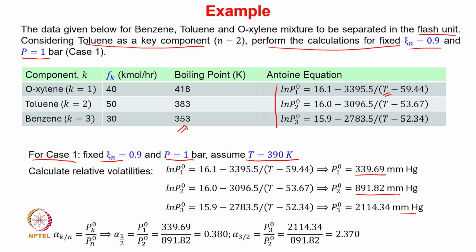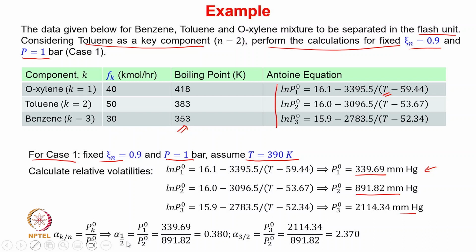So these are the vapor pressures we have obtained by using the three Antoine equations. Now these three vapor pressures we can use to calculate the relative volatility. Remember, relative volatility alpha Kn is given by what? Pk naught divided by Pn naught, isn't it? That is what we have derived earlier. So Pk naught in this case, let's say for component 1, becomes alpha 1 by 2, which is the relative volatility of component 1 with respect to the key component toluene.